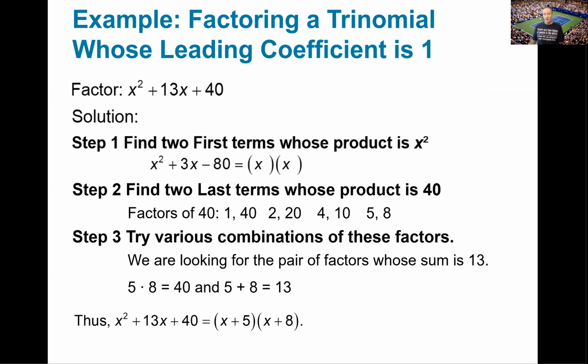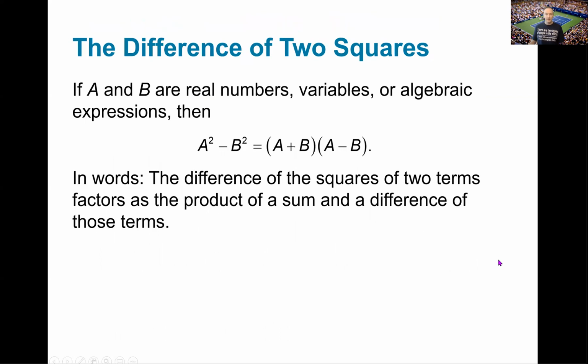So then you'd say, well, in the problem that we have, and again, ignore what I accidentally put in step 1, in order to get what we have, we need factors of 40 that sum to 13. There's only one option, the 5 and the 8. So now you're looking for the pair with the factors whose sum is 13. We get the 5 and the 8 is 13. So now we know x squared plus 13x plus 40 factors to be x plus 5 and x plus 8. If you get that, you're doing great.